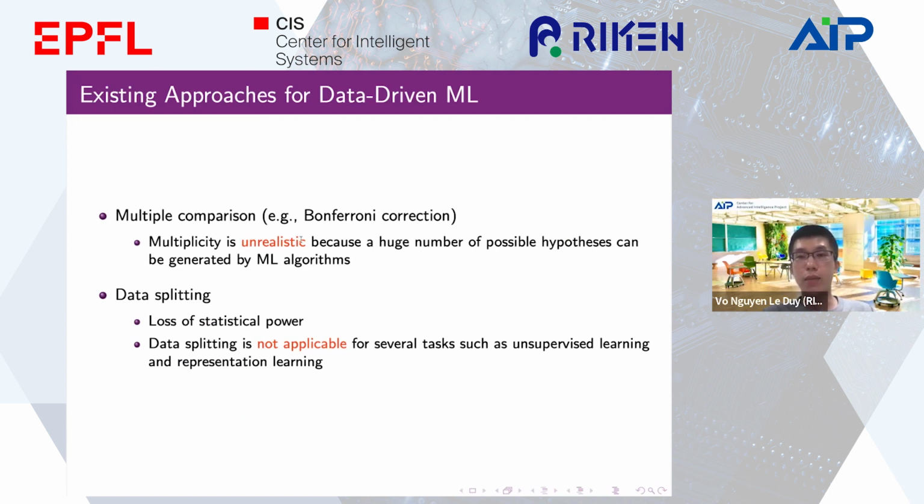For example, in the case of the Wasserstein distance, if we want to use multiple testing to correct the selection bias, we need to enumerate all possible couplings between the source instance and the target instance. This is unrealistic and infeasible because we cannot generate all possible couplings.